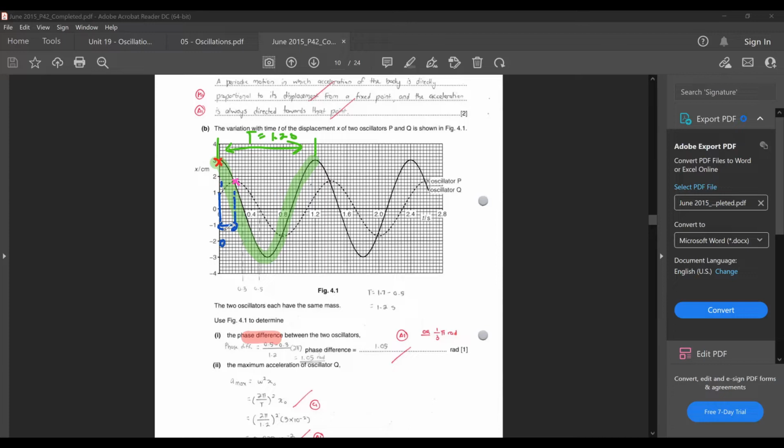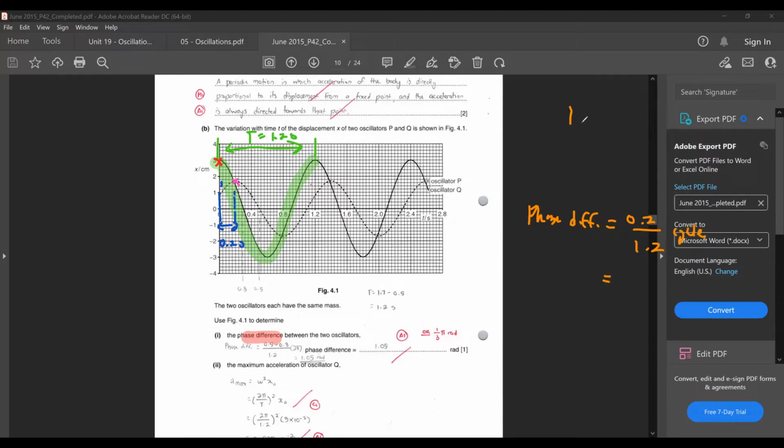In your case, the difference is actually going to be 0.2 seconds, right? So from here, you want to find the phase difference. The phase difference is really just going to be 0.2 over 1.2. This is the fraction in terms of a cycle.